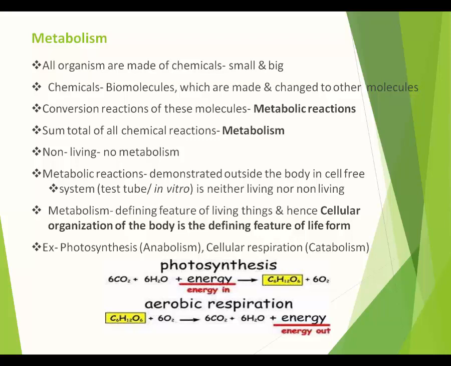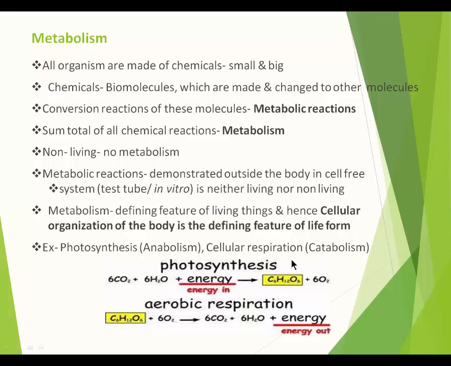Now, two types of metabolism are actually seen. Anabolism, where the dry weight of the cell is increasing, that means accumulation of mass is taking place, while catabolism is where the dry weight is decreasing, that means the cellular mass is decreasing. Two very classical examples are given.